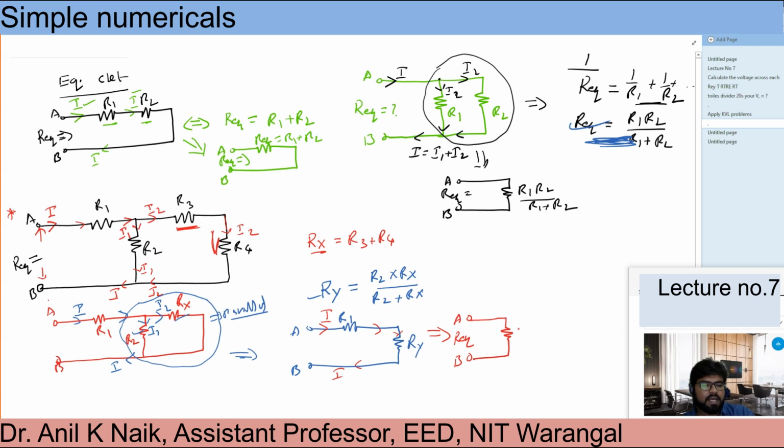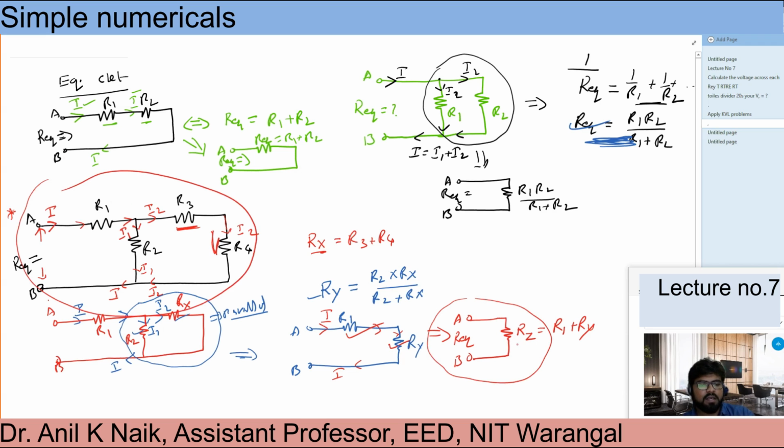It can be taken as the sum: Rz is nothing but R1 plus Ry. This resistance plus this resistance. This is how you can reduce your whole network into a single resistance value. This is the R equivalent concept you need to understand.